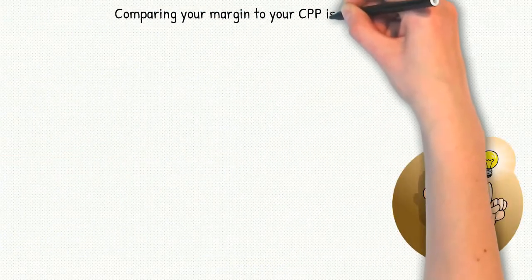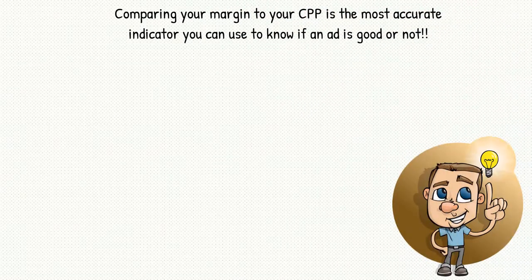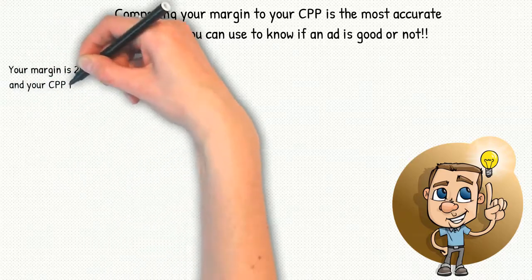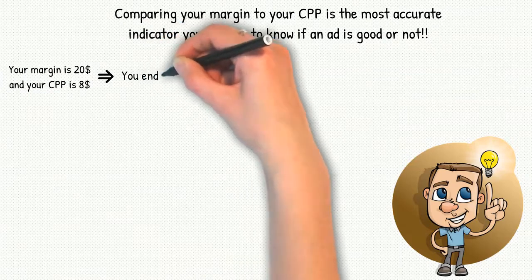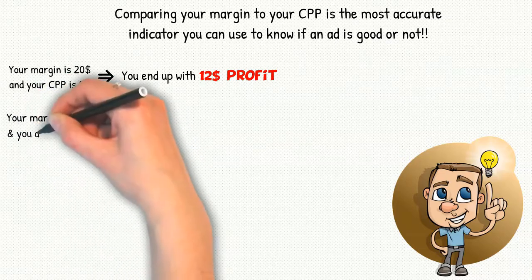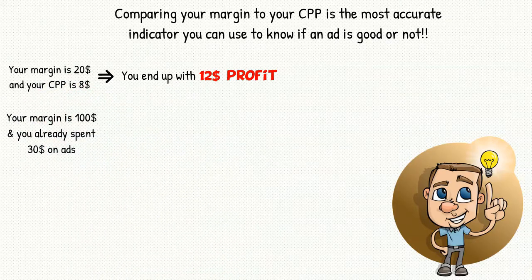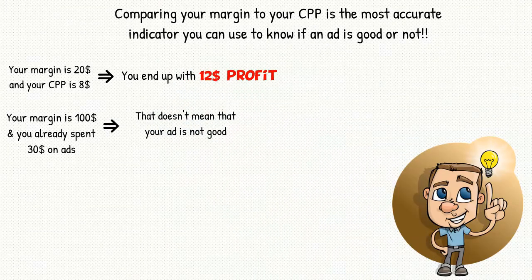Comparing your margin to your CPP is the most accurate indicator you can use to know if an ad is good or not. If your margin is $20 and your CPP is $8, well, that's great. You end up with $12 profit. If your margin is $100 and you already spent $30 on an ad, that doesn't mean that your ad is not good.